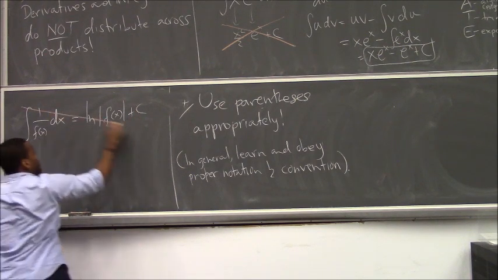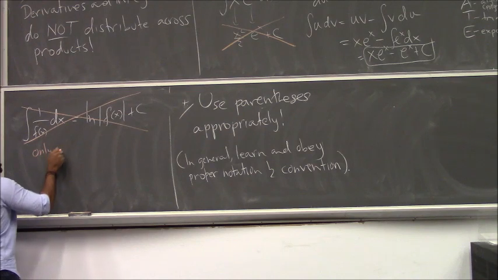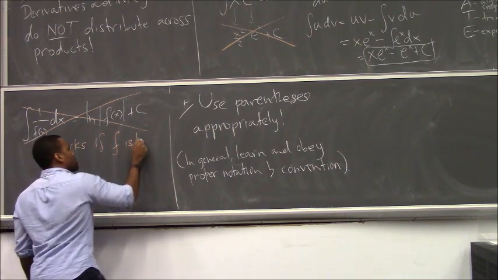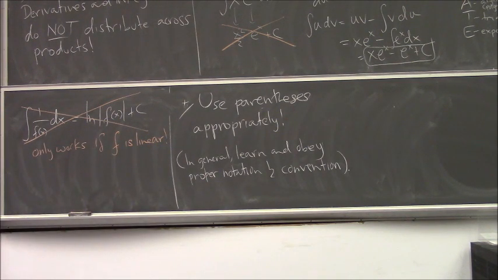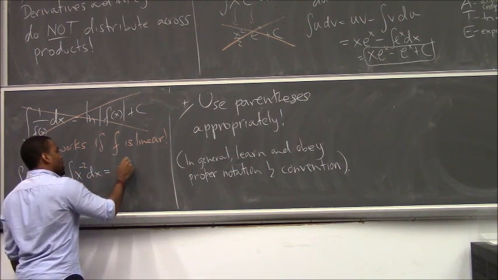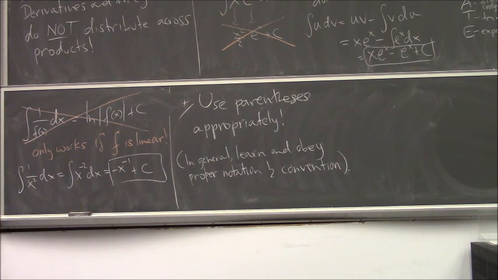This is not true in general. This only works if f is linear. So you shouldn't have an ln with 1 over. So if you have something like the integral of 1 over x squared, that's not the ln of x squared, which I see all the time. You'd actually just rewrite it and then do the power rule.